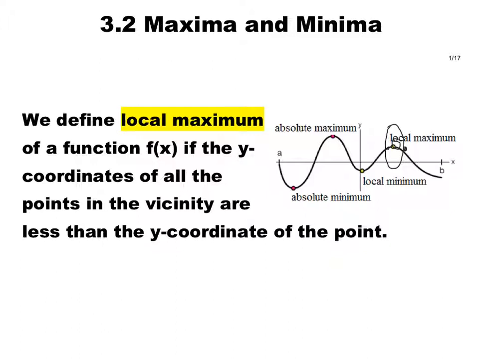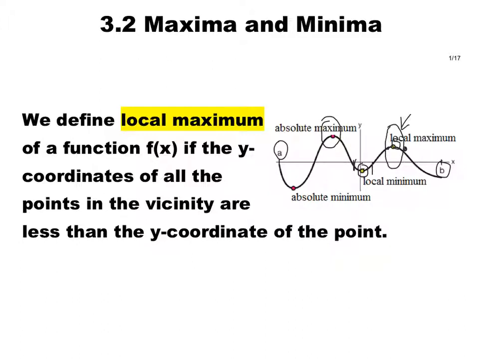The same way we can define a local minimum, for instance, a point like this point here. In this region, you can see that this point is going to be the minimum of the function. Now, the reason we call them local is that if you look at the big picture, and if we define the domain to be from A to B, you can see that this local maximum is lower than what we call an absolute maximum.